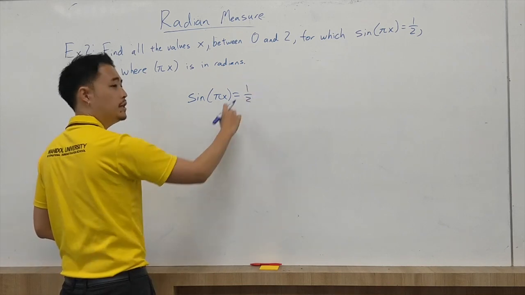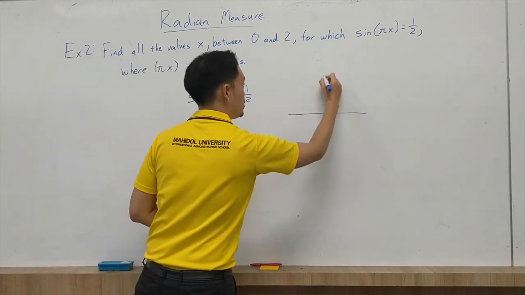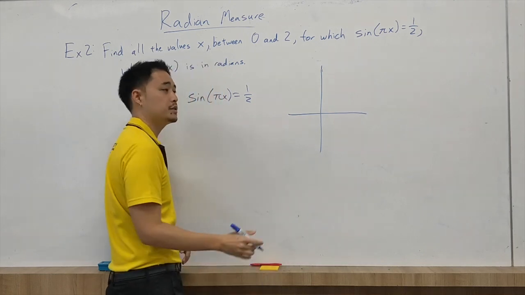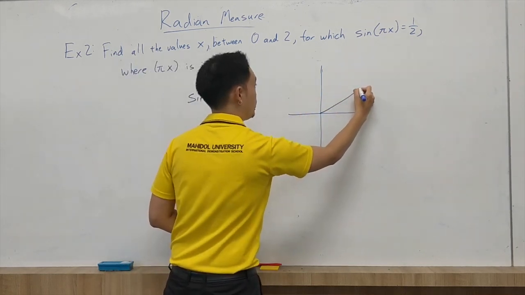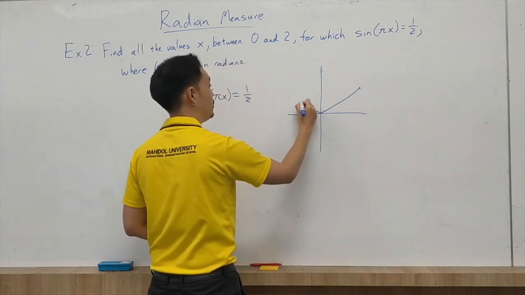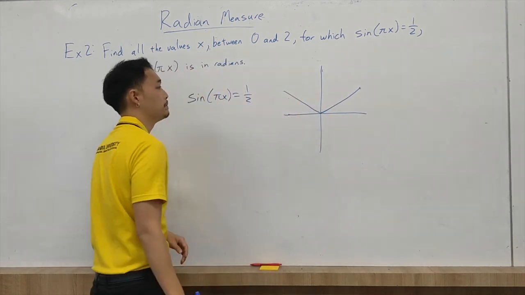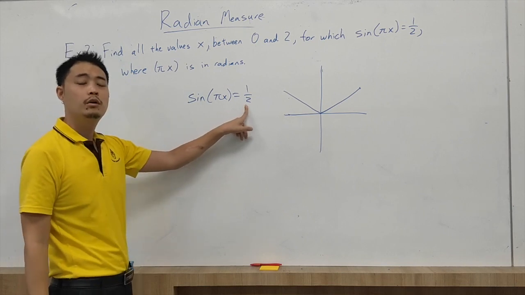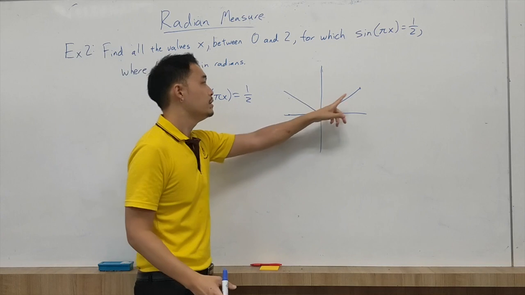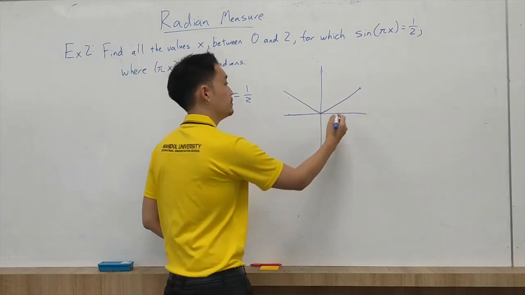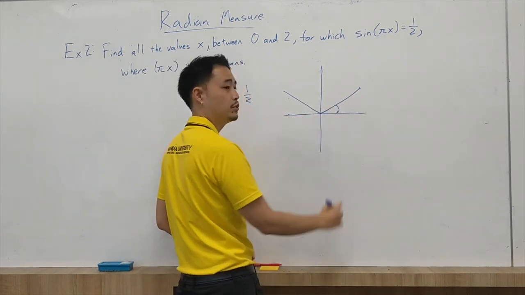I know that sine is positive in which quadrants? Well, sine is positive in quadrant 1 and quadrant 2. So I know that I'm looking for something here and I'm looking for something here, right? Now in quadrant 1, what value is going to give me a sine value of 1/2? So what degree value?